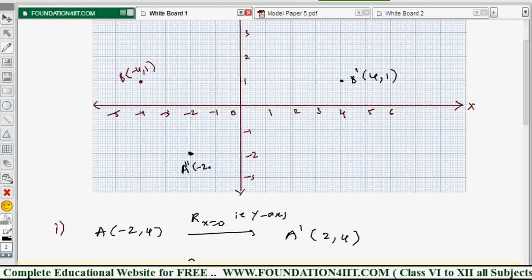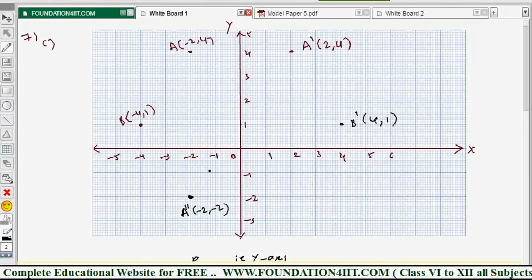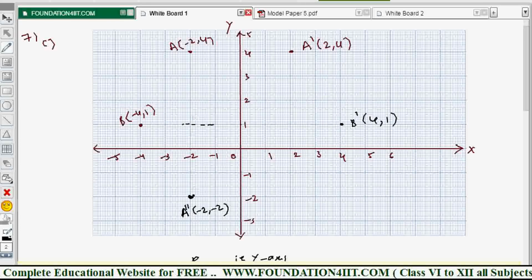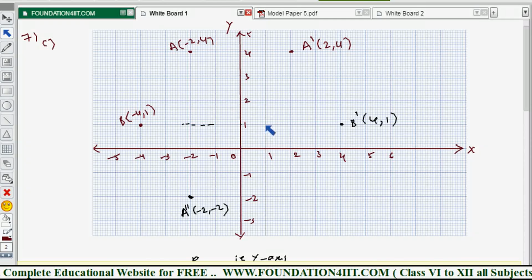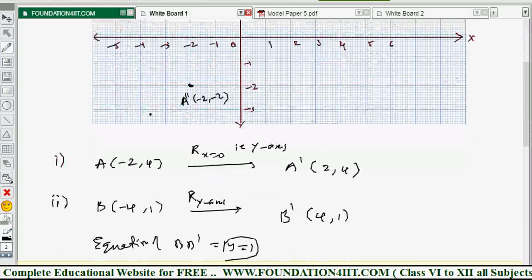Compared to this, BB dash is the mirror line, right? For this reflection, here are 1, 2, 3 units, and from here to here also 3 units. So A double dash is minus 2, minus 2.